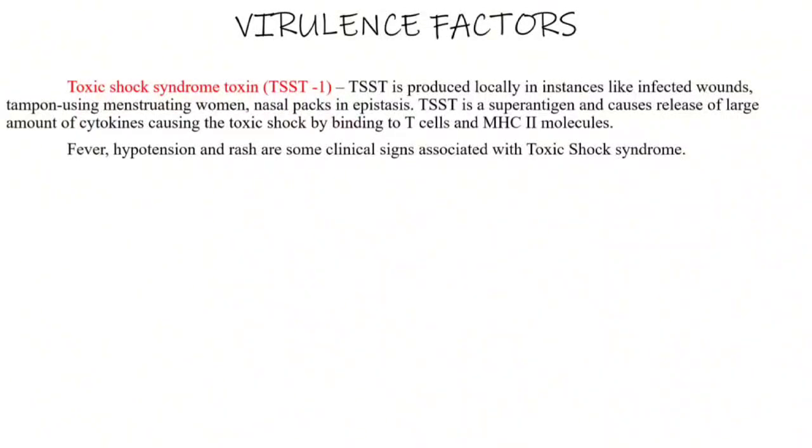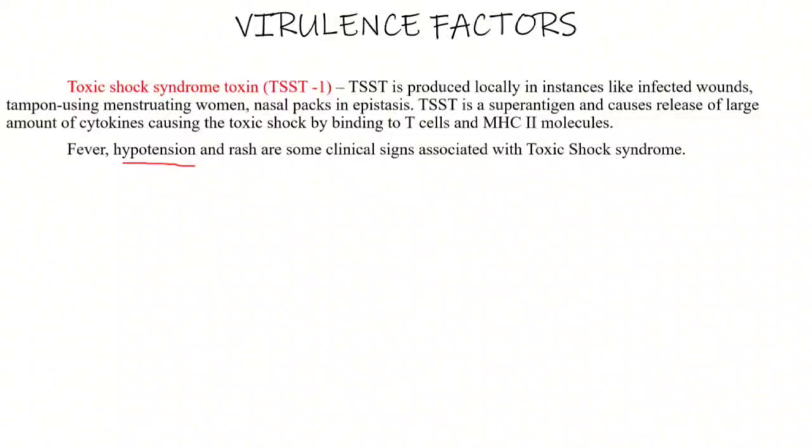So it causes a large release of cytokines from the T cells, which can lead to a cytokine storm and actually what we call shock, because it causes excessive vasodilation, which can lead to hypotension, and then fever because of all the cytokines that are produced. And these three are important signs of toxic shock syndrome: fever, hypotension, and a nasty rash, right?